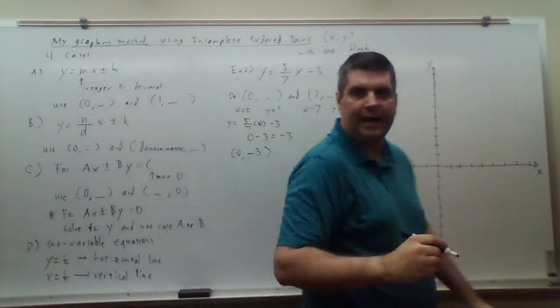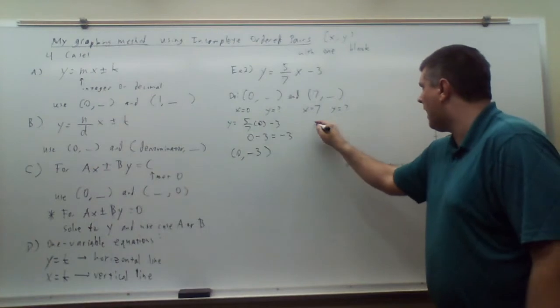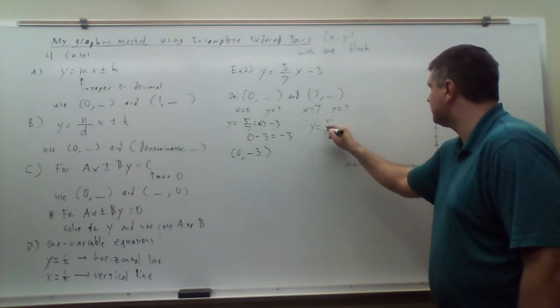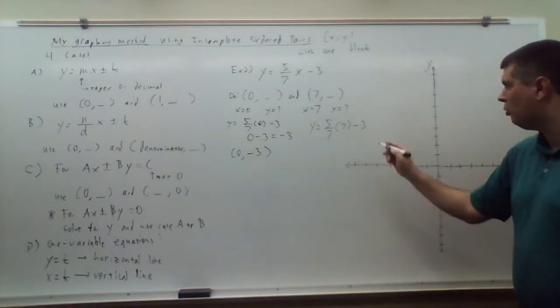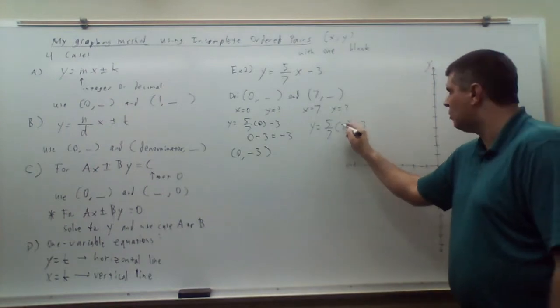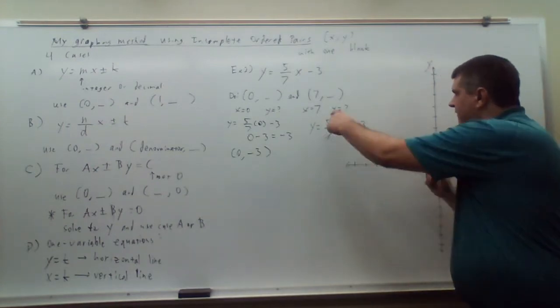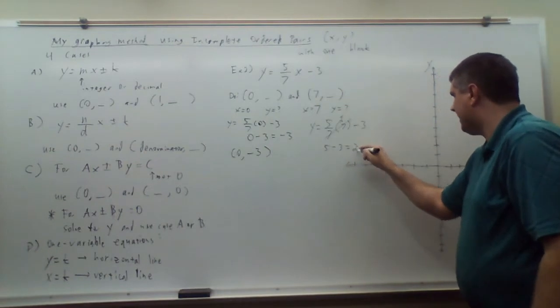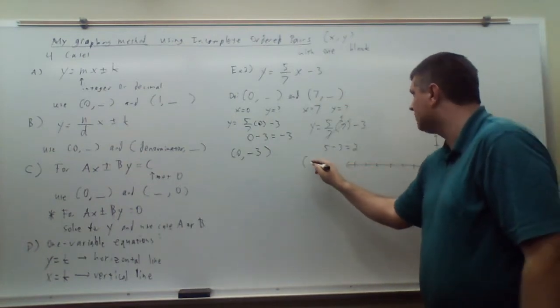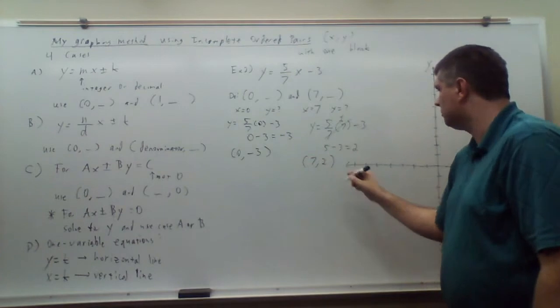All right, over here, y equals 5/7 times 7 minus 3. Well, 7 divided by 7 is 1. 5 times 1 is 5. 5 minus 3, we get 2. So this will be 7, 2.